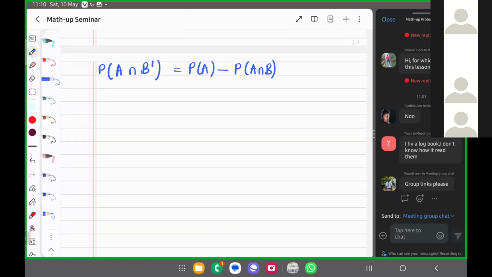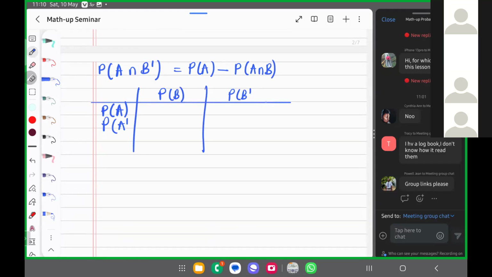Yeah, so I can go back to the contingency table where I have probability of A and probability of A complement, then probability of B and probability of B complement.